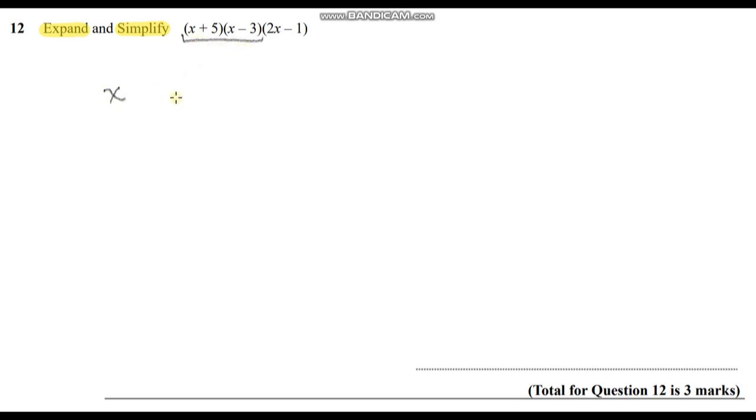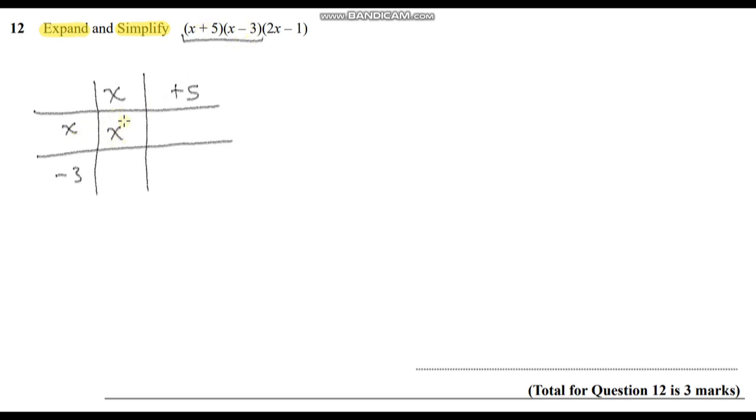So we've got x plus 5 times x minus 3. I'm just going to set up my grid like this. I'm multiplying each term in this bracket by each term in this bracket. So x times x is x squared. X times 5 is positive 5x. X times negative 3 is negative 3x.